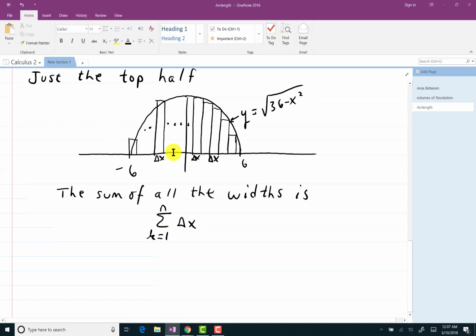Remember, the beginning is x sub 0, the end is x sub n, you get x sub 1, x sub 2, x sub k, etc.